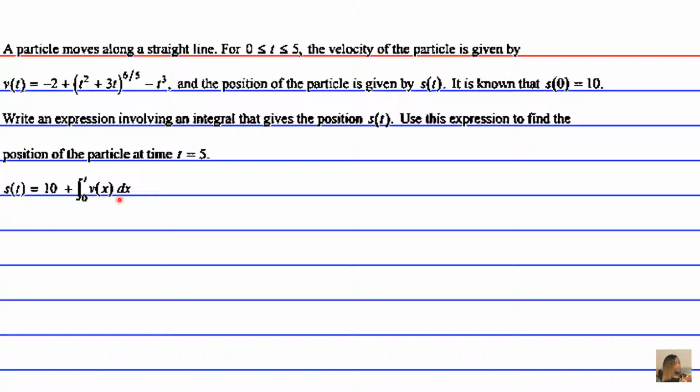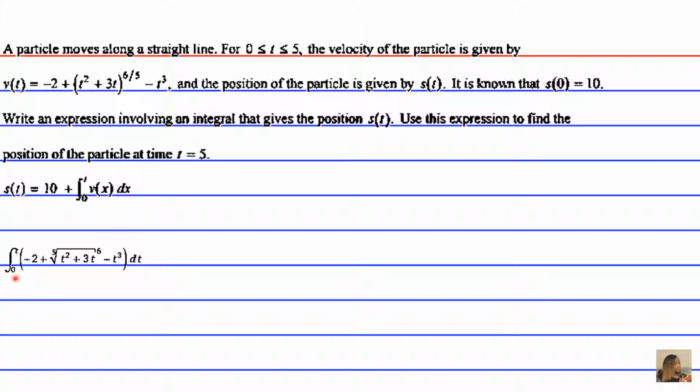So just to be clear, you're going to input into your calculator 10 plus the integral from 0 to t of v of x dx, or basically, this is v of x. It's really v of t, my bad. But you know what I'm trying to say. So this is what you're going to input into your calculator.